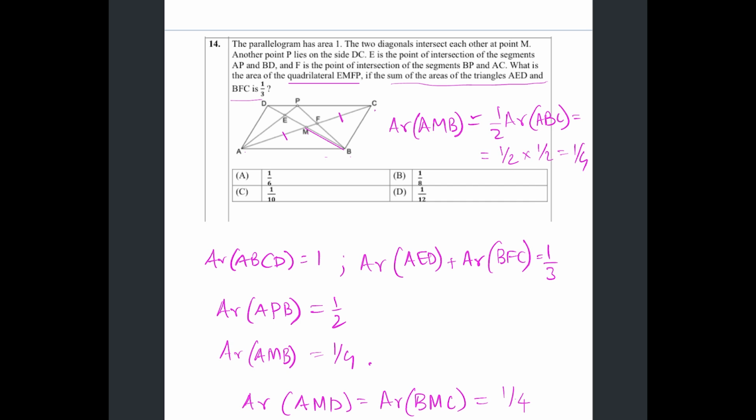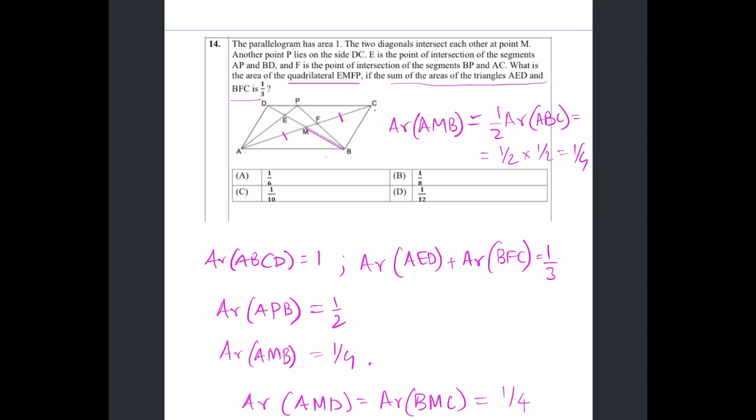So now we have to find the area of EMFP. Area of EMFP is equal to area of APB minus area of AEM minus area of BFM minus area of AMB.